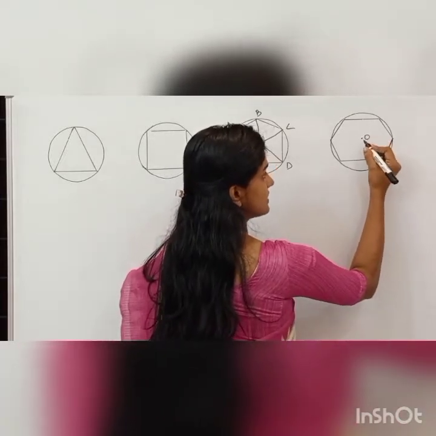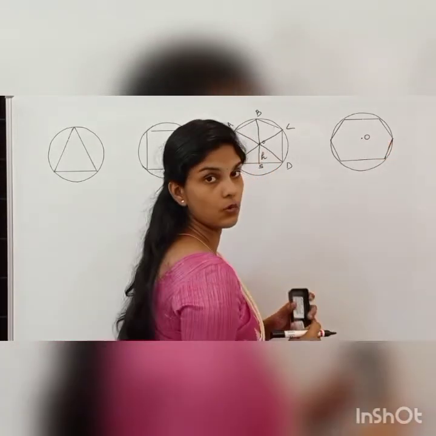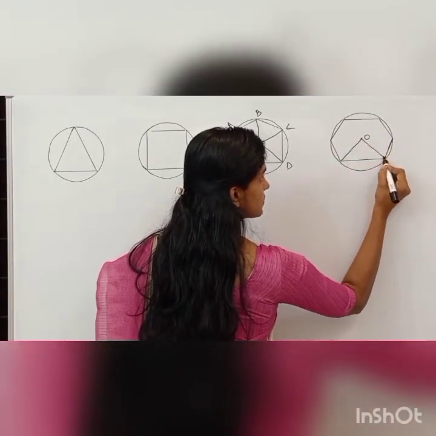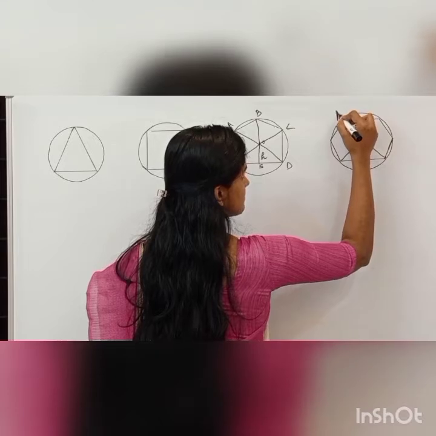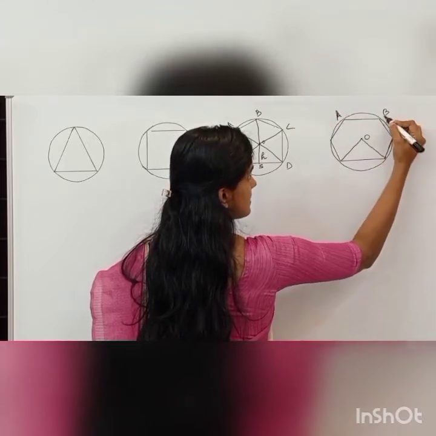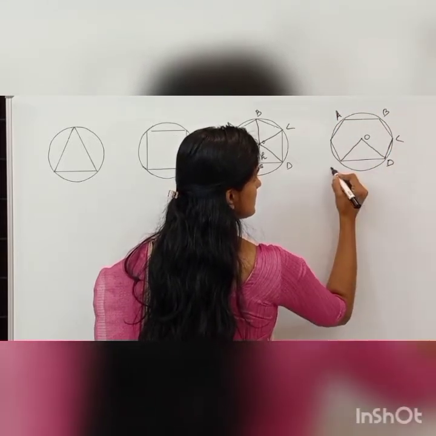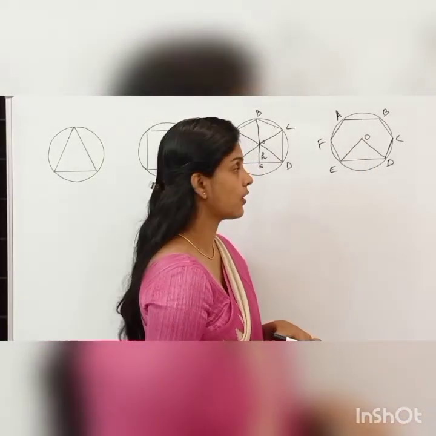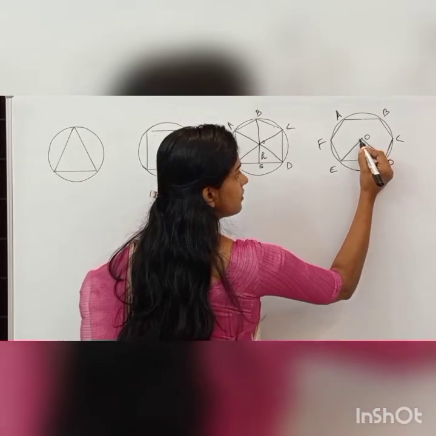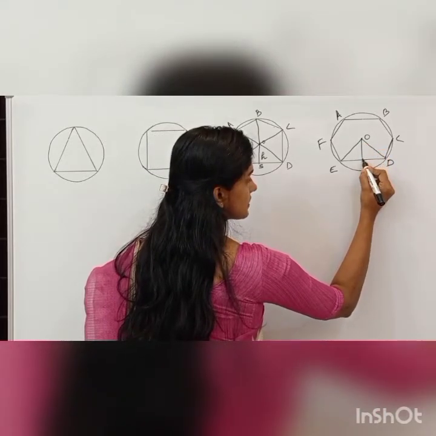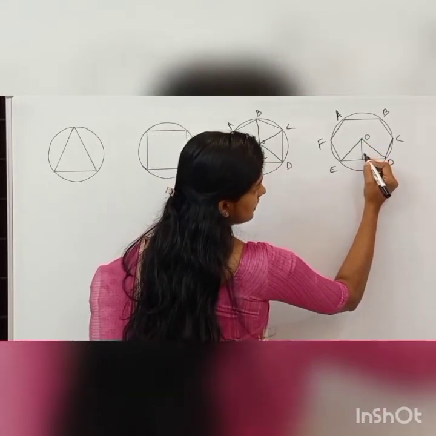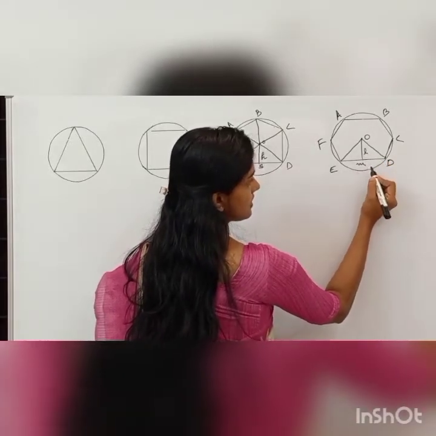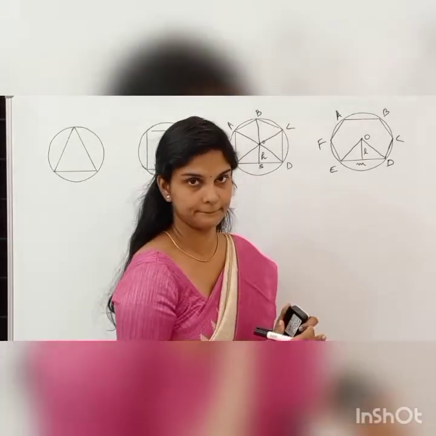Now let the center be marked as O, and we shall join the center to the vertices. We shall name this hexagon as A, B, C, D, E, and F. Now let the perpendicular be marked as L and the length of the side be M centimeter.